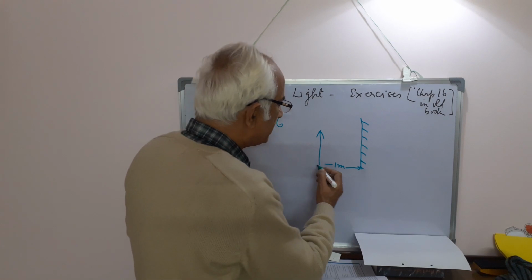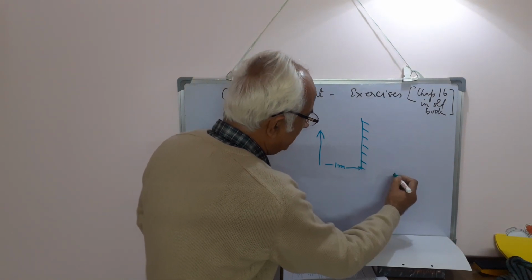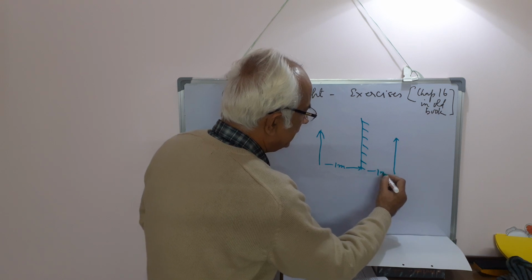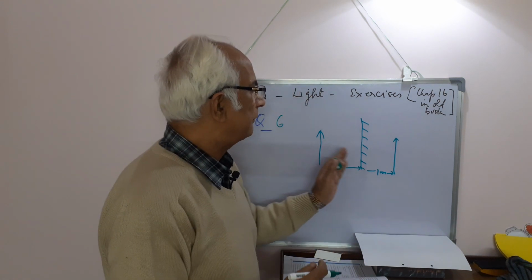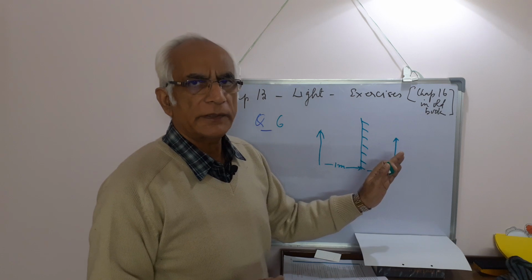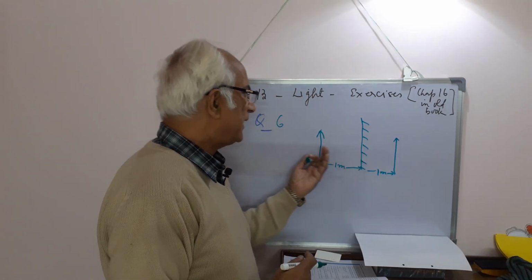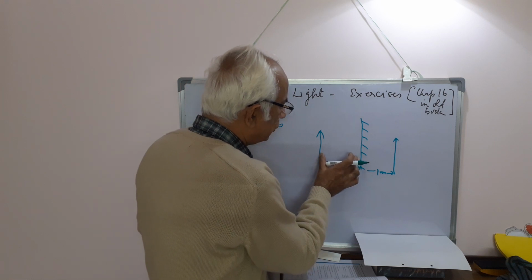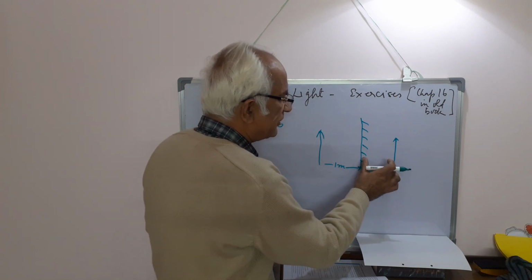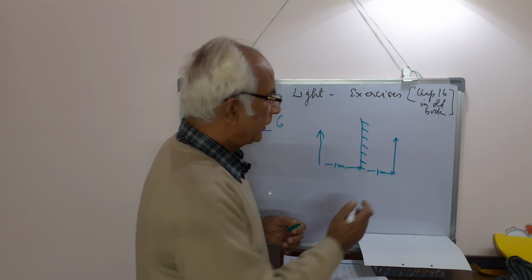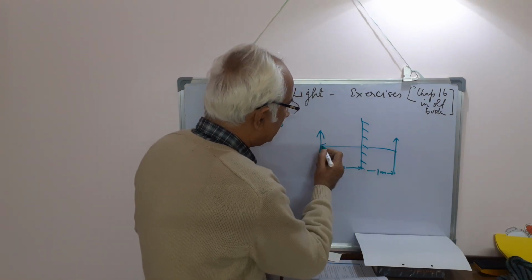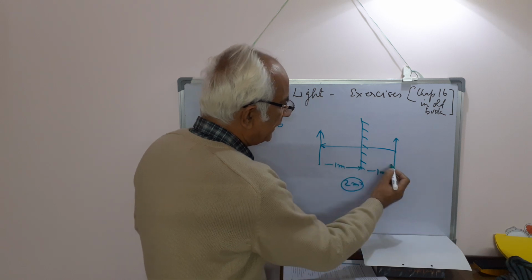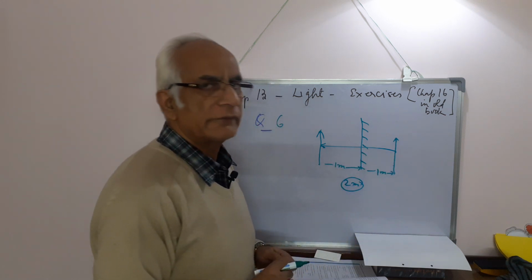Where will his image be? His image will be 1 meter from the mirror, because the image is as far from the surface of the mirror as is the object in front of it. जितनी दूरी ऑब्जेक्ट की होती है उतनी दूरी इमेज की होती है. तो इसकी दूरी यहां से कितनी होगी? 2 मीटर्स. इसको दिखाई देगा कि इसकी इमेज 2 मीटर दूर है.